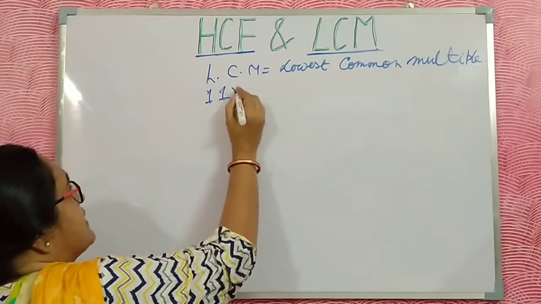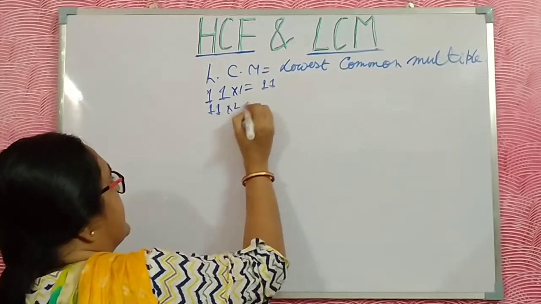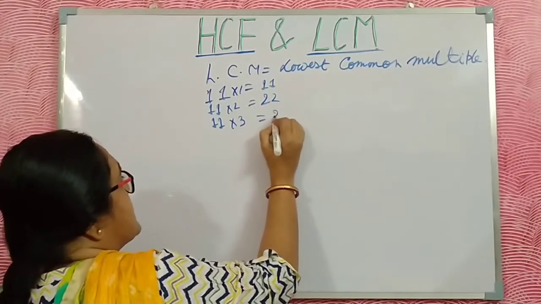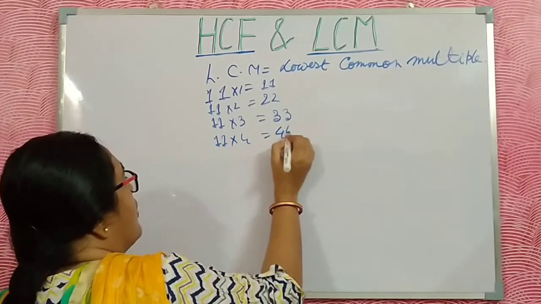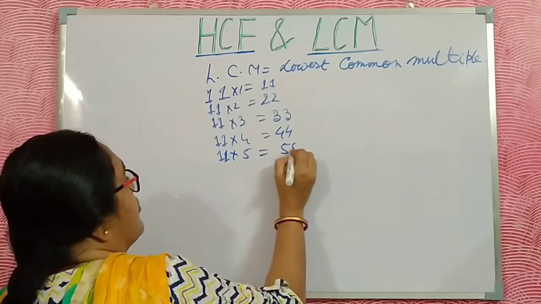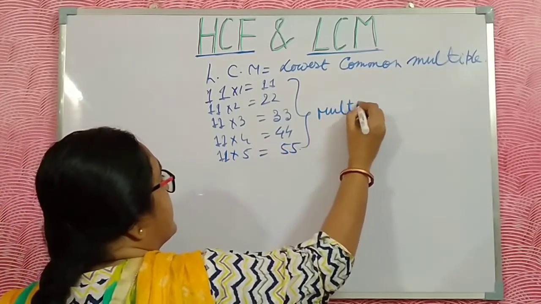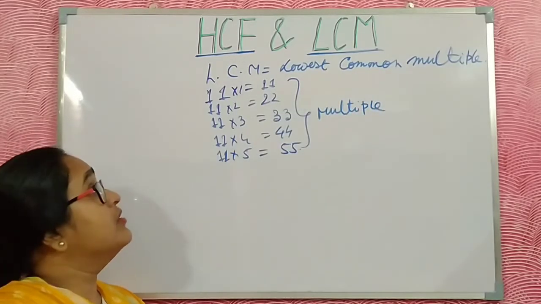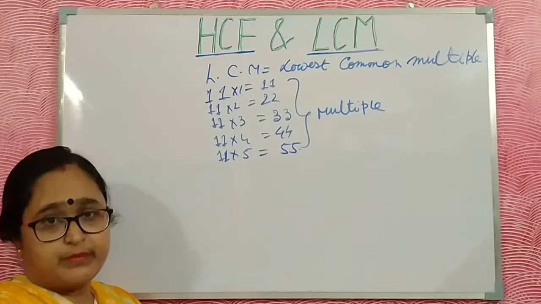That means 11 ones are 11, 11 twos are 22, 11 threes are 33, 11 fours are 44 and 11 fives are 55. This is called the multiple. Multiple means the table. Then LCM means lowest common multiple.